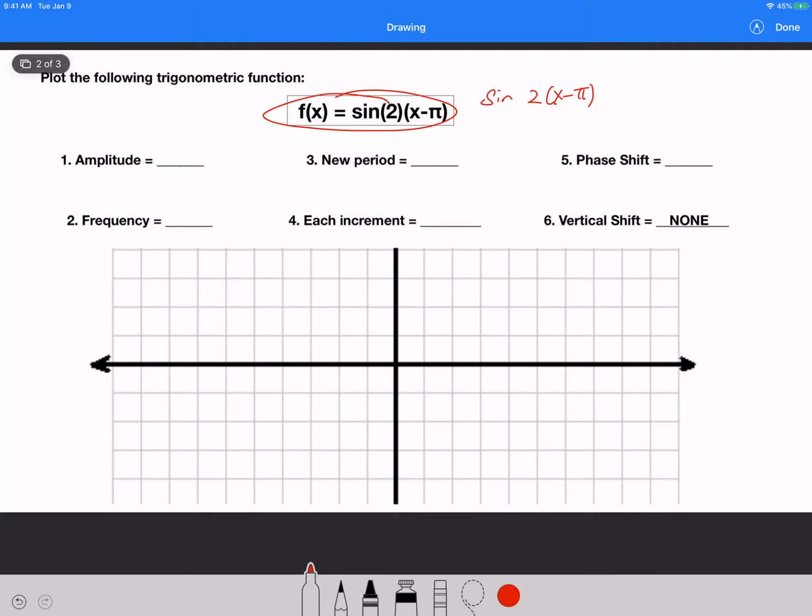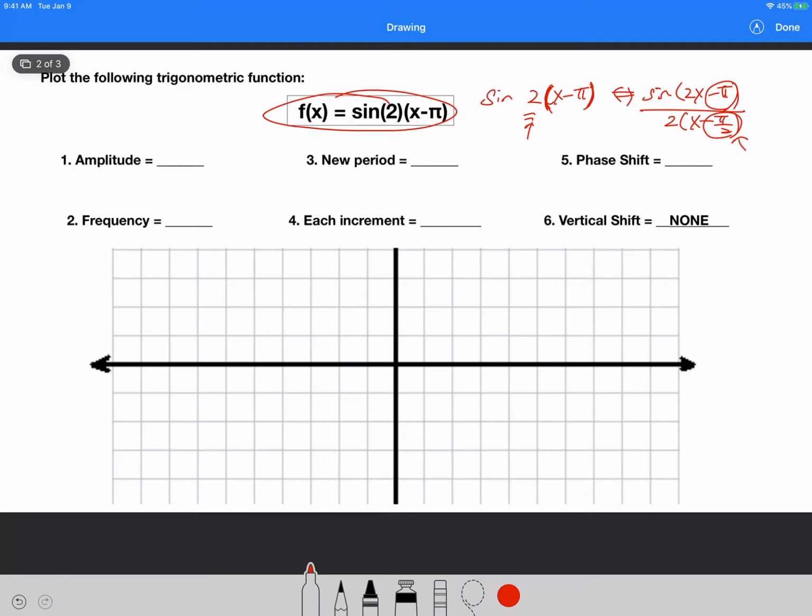Now notice how the b value is always outside the parentheses, and I really need you to pay attention to that because there's a difference between this and this. If I ever give you this, the phase shift is not pi to the right because it has to be factored out, so you want to make it like this, and that will be your phase shift. Well, how did I get pi over 2?